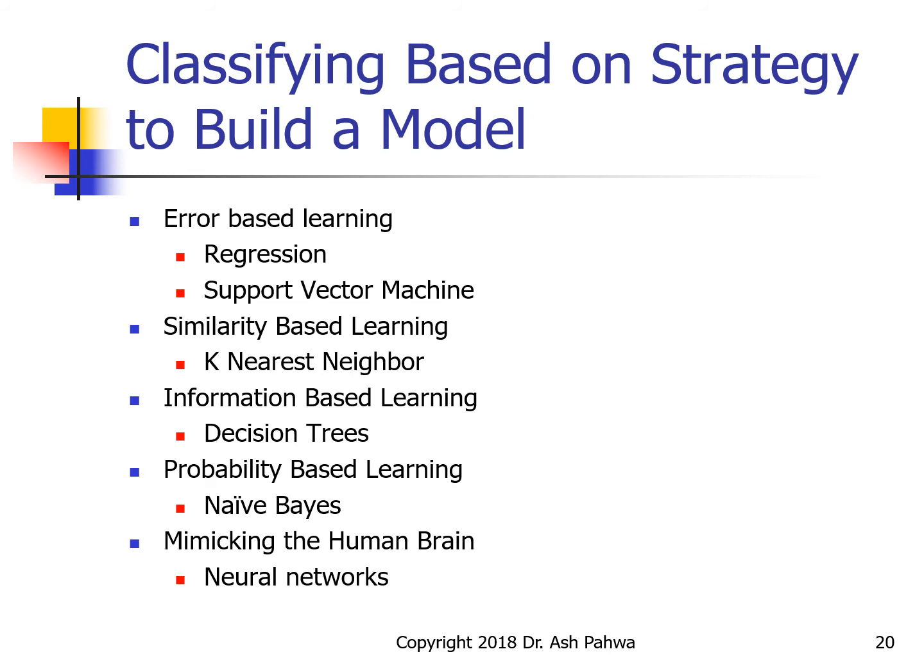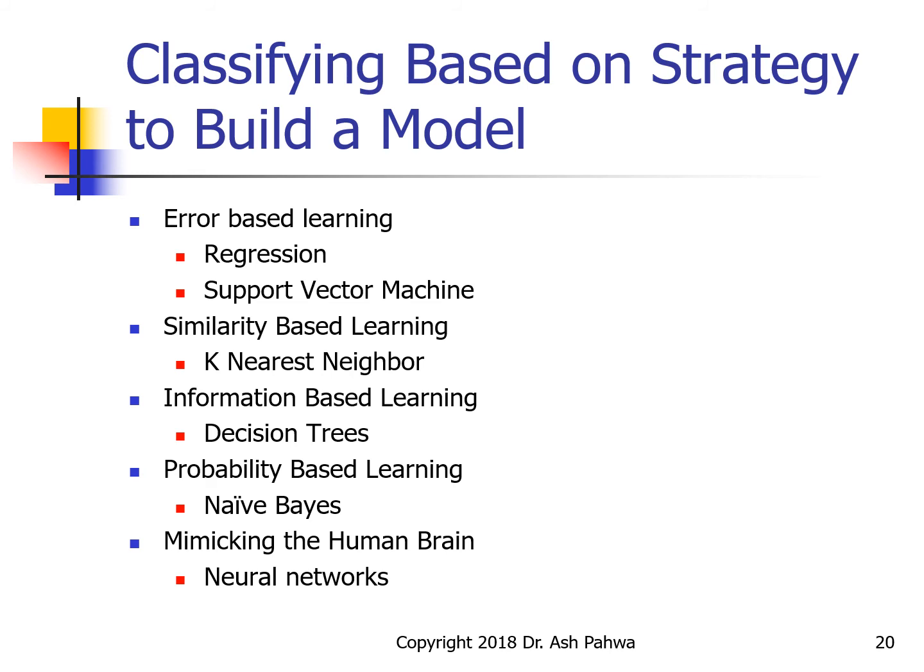These two modeling methods use error-based learning. The similarity-based learning strategy is used by k-nearest neighbor. Information-based learning is used by decision trees, and also regression trees. Then we have probability-based learning, which is used by naive Bayes, and in the end we have the mimicking the human brain strategy, which is used by neural networks.